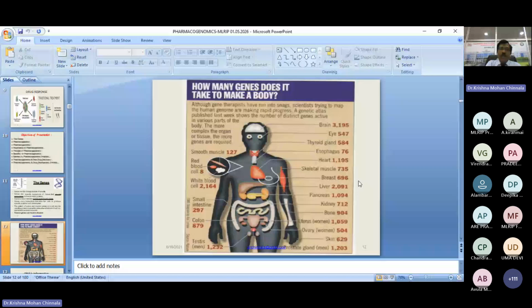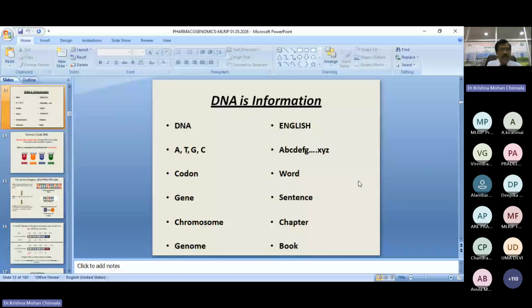How many genes does it take to make a body? Based on complexity, the number of genes varies. And this slide is very much important. Please observe carefully. DNA is information. DNA is our English language, and ATGC are your alphabets A, B, C, D. Then codon is a word, gene is a sentence, chromosome is a chapter, and genome is a book.